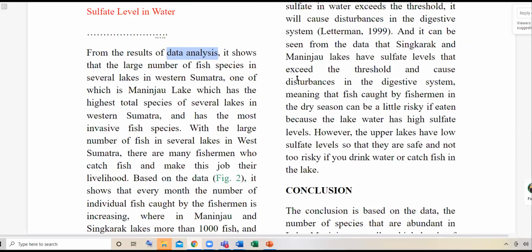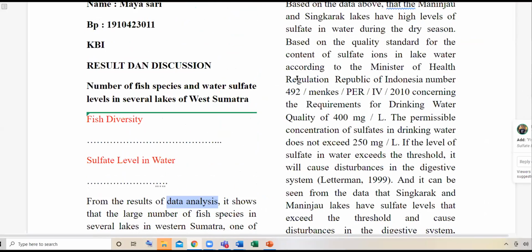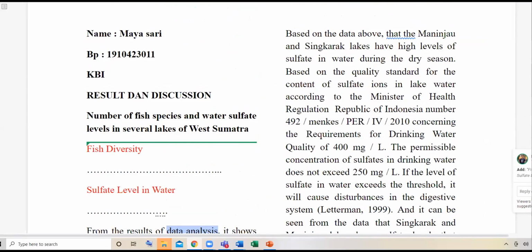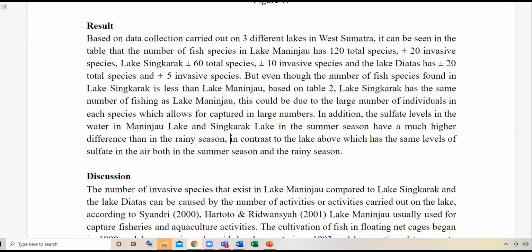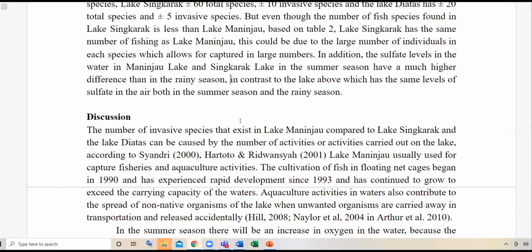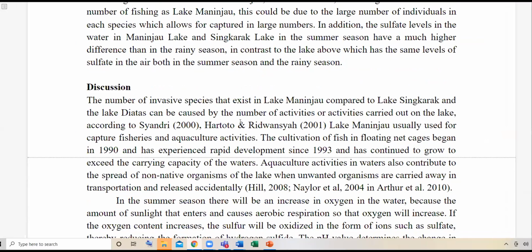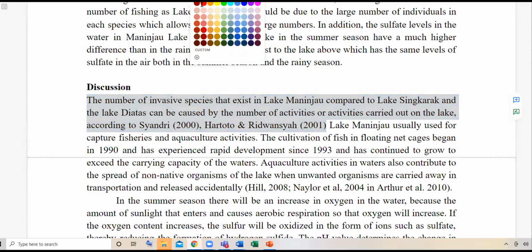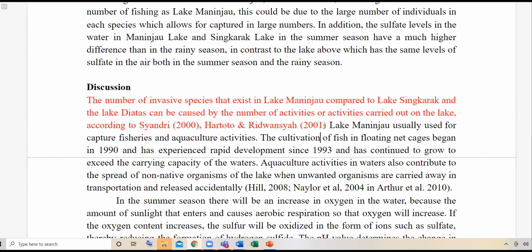We can check another. For example, Mayasari, Maya mixes between the discussions. Nasha, okay. Can you see here, in the case of Nasha, Nasha directly starts the discussion with this sentence. This sentence is a comparison or citation of another research.